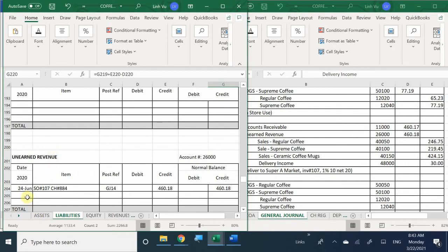Here it is, unearned revenue. So now it's 627.